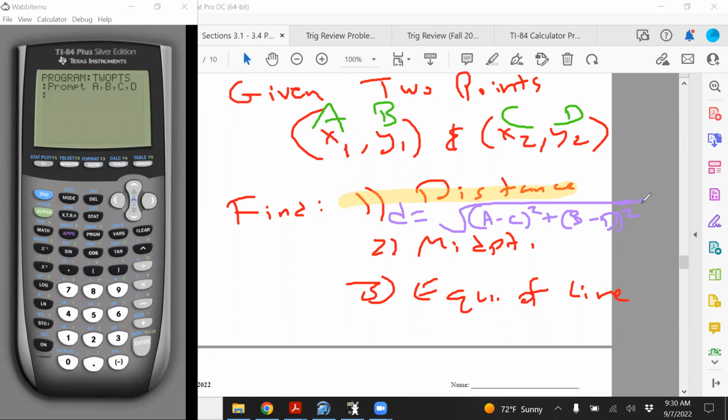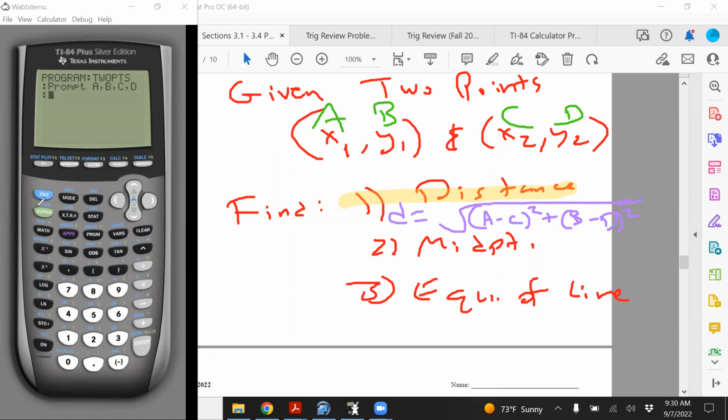Now here's the deal. I did A minus C. I can do C minus A. It doesn't matter, it's just squaring, right? It doesn't matter as long as you're tracking the x's. Don't do A minus D. Don't do B minus C, because then you're subtracting x and y like that. But if you do C minus A, it's cool too. It's squared, it won't matter.